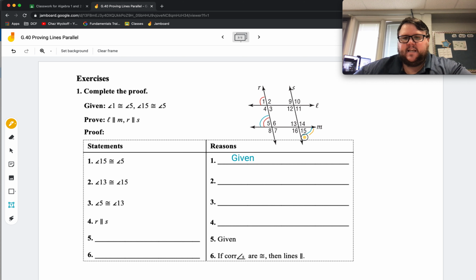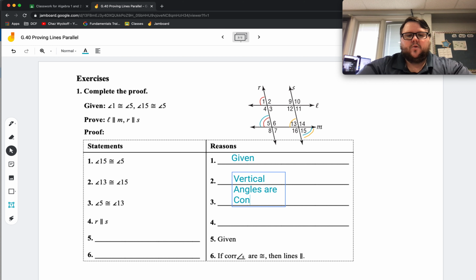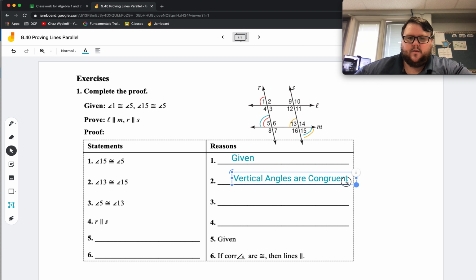The reason they are congruent is because they are vertical angles. So we would say vertical angles are congruent. That's our reason.